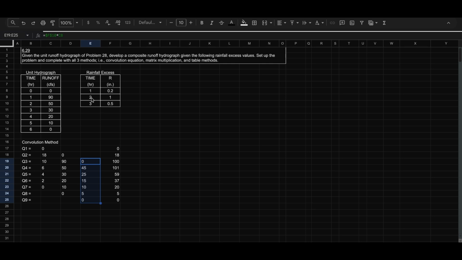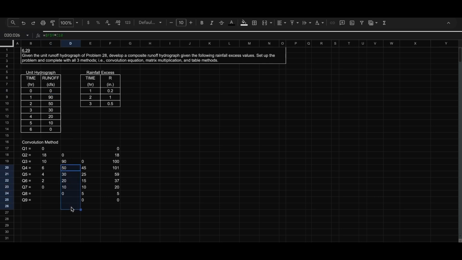If this were here, let's say 3, 1, 3, and 6, you would have to multiply the same way we did this. But since this is 3, which means it didn't start until the third hour, you have to wait 3 hours, so you wouldn't start until here. So here you start putting 1 times the first value, and you go all the way down.